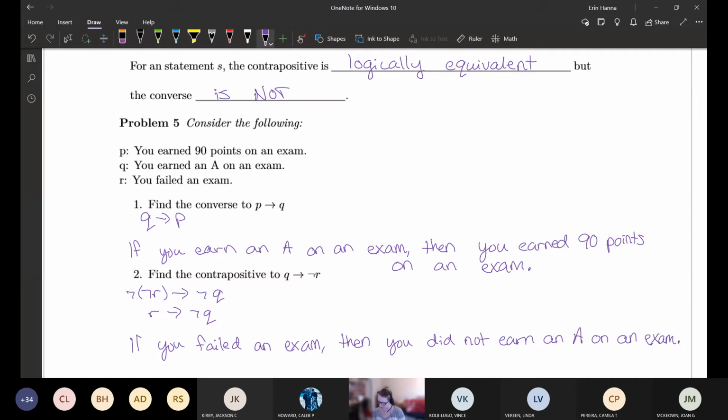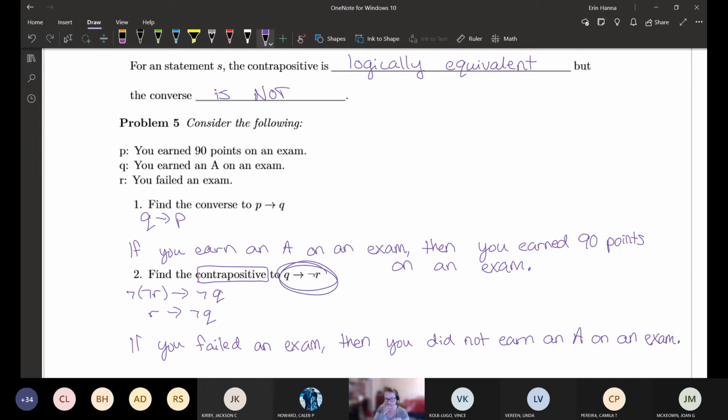Wouldn't it be the other way around? Did I do something stupid again? It's specifically because we're asked to find the contrapositive of this.